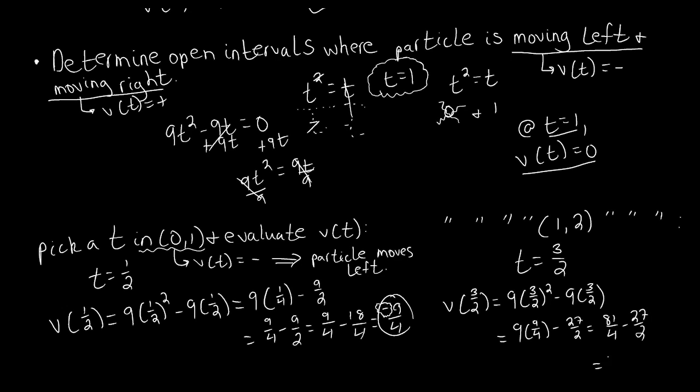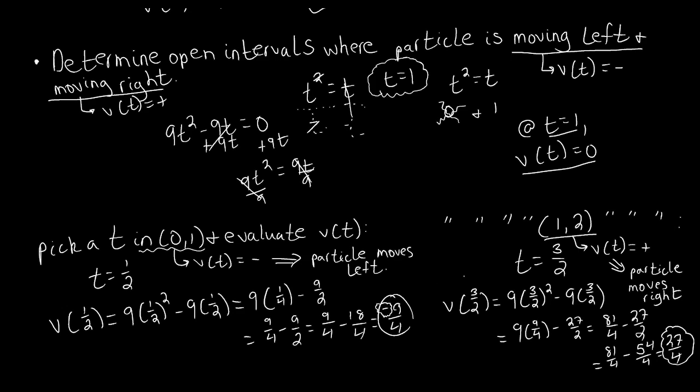Then if we find an LCD, we get 81 over 4 minus 54 over 4, which gives us 27 over 4. Luckily, in this case, we know that our derivative, or velocity here, is positive. So in 1 to 2, velocity is positive, so that implies that the particle moves to the right.